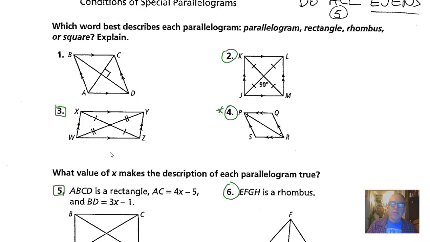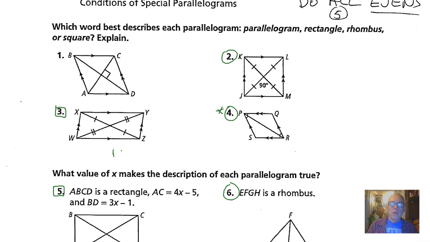So we have a parallelogram that has diagonals of different lengths. That's got to be just a general parallelogram. If it was a rectangle, the diagonals would be congruent. And if it was a rhombus, the diagonals would be perpendicular bisectors of each other.